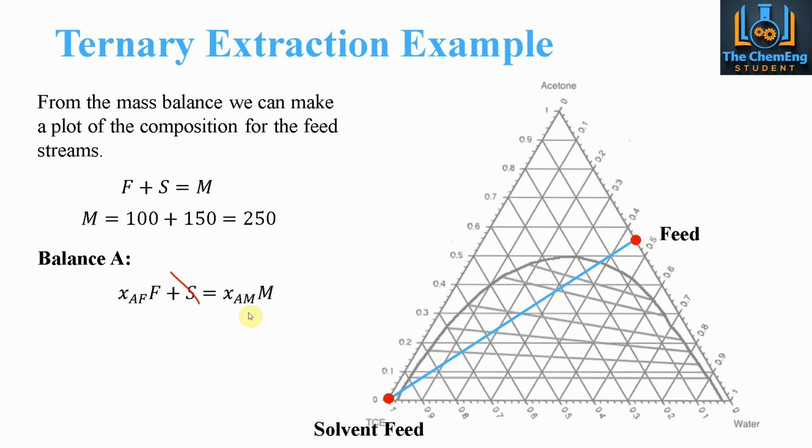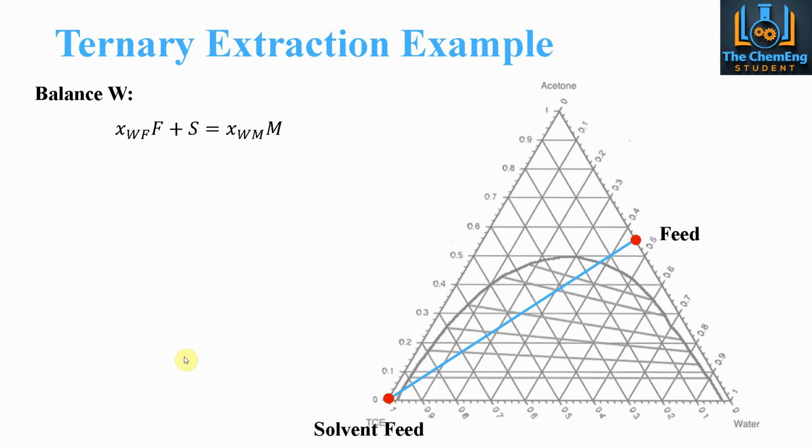Then we have the composition of acetone at the mixing point, which is the thing we want, multiplied by the flow rate at M. We can pop everything in, and we work out that at this mixing point, the composition of the acetone is 0.18 or 18%.